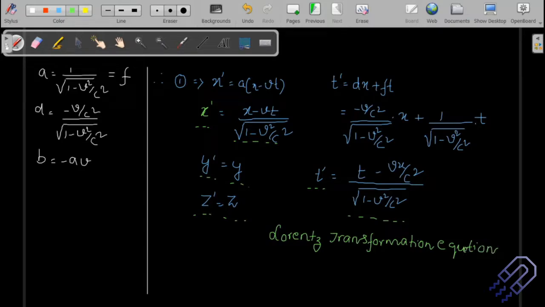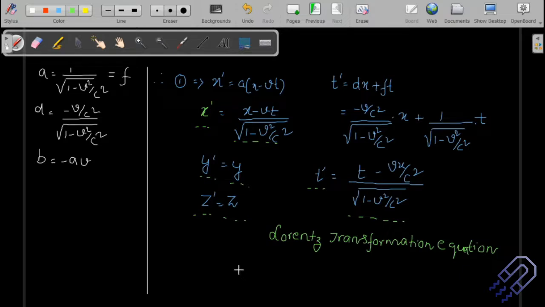Okay, and when we actually put it there, we found out the result. This is called Lorentz transformation equation. You have to remember this. This will be a 5 to 8 marks question, definitely descriptive, but if you understand what are the events that you have to consider, you can definitely do that.